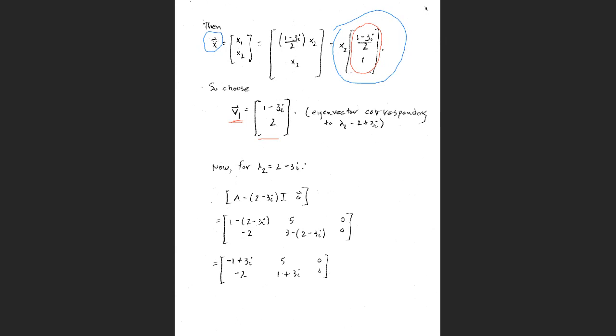Any multiple of an eigenvector is an eigenvector. Remember, x2 is free, so choose x2 to equal 2. You can let x2 be anything, but let it equal 2, and you get a nice, pretty eigenvector.